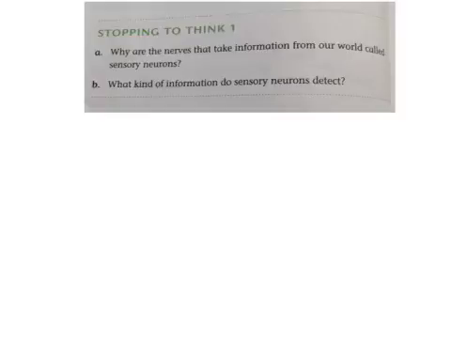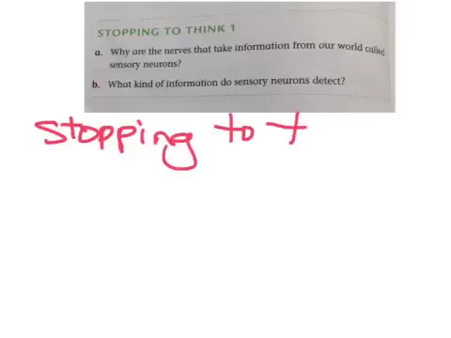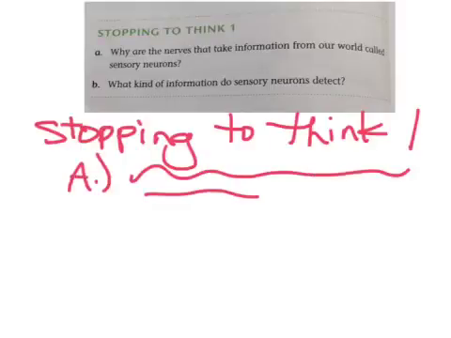If we look at this first stopping to think, we see the first question is, why are the nerves that take information from our world called sensory neurons? If I were to answer that in my science notebook, I would type it, but for the sake of using this program, I would write stopping to think 1. Then I would type in A and give your answer.